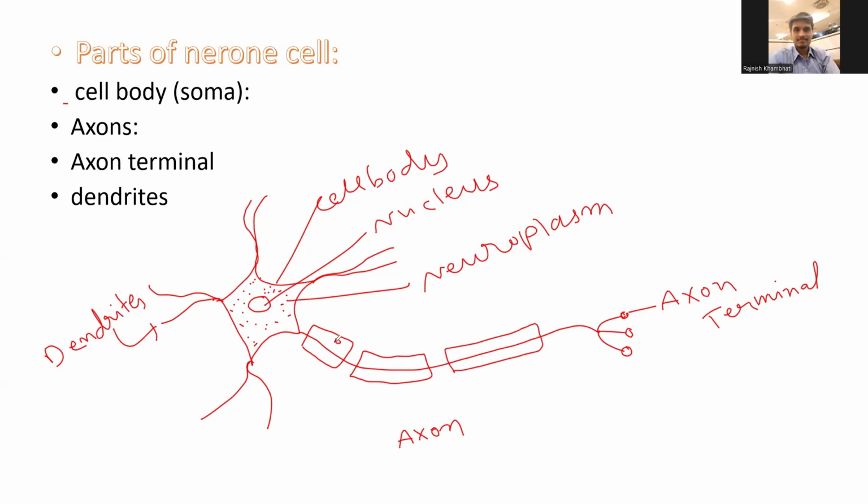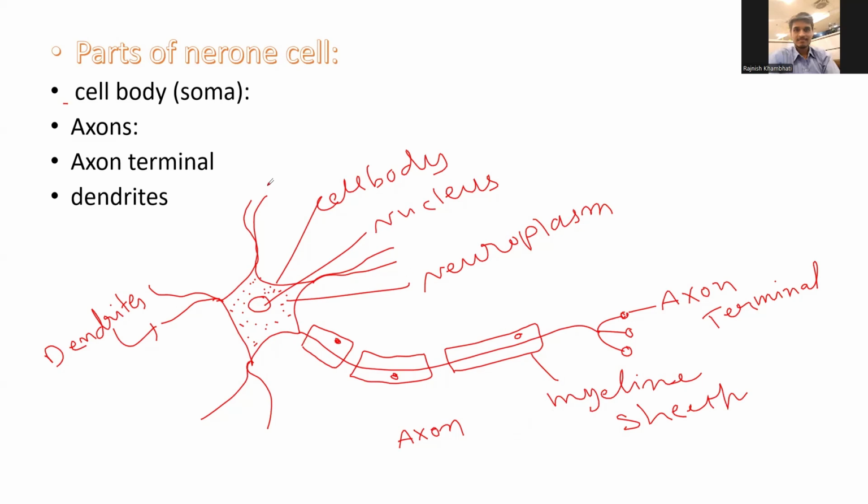The Schwann cell and the fat together form this structure known as myelin. So this is the structure and the parts of the neuron cell.